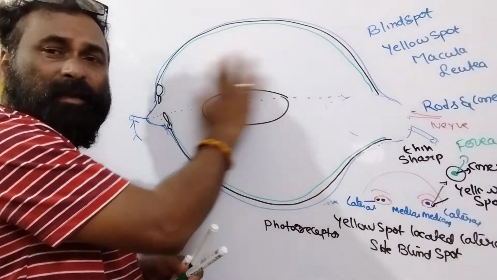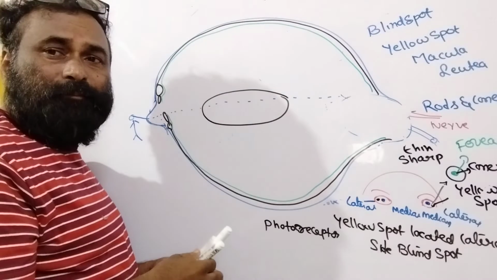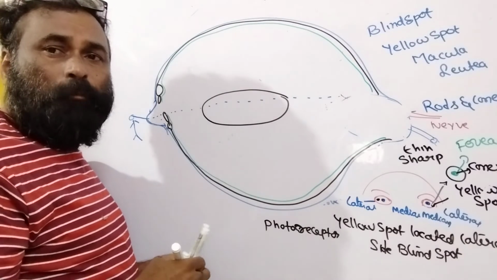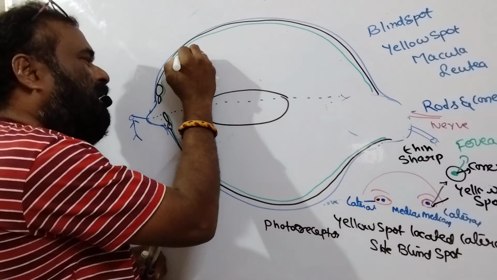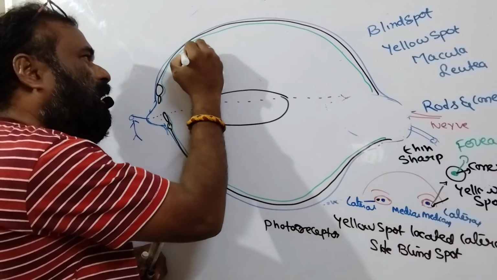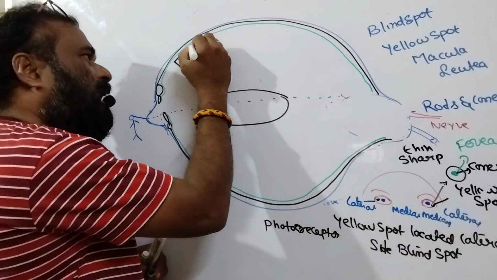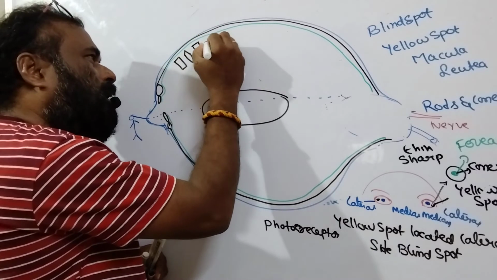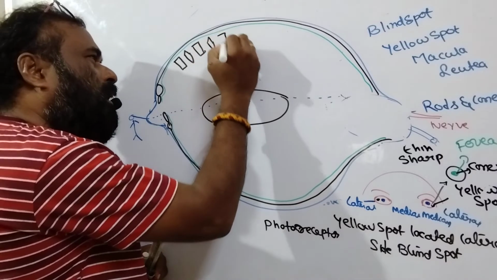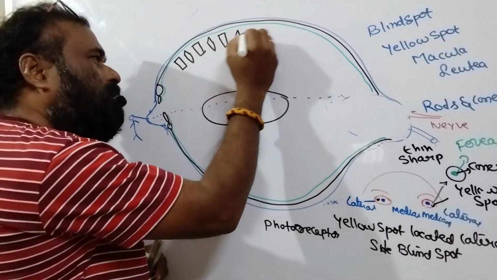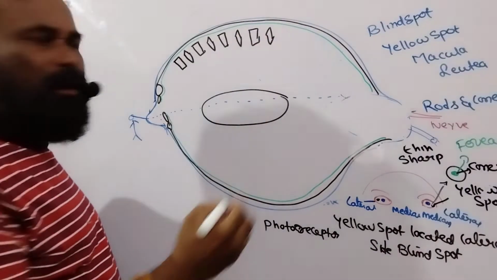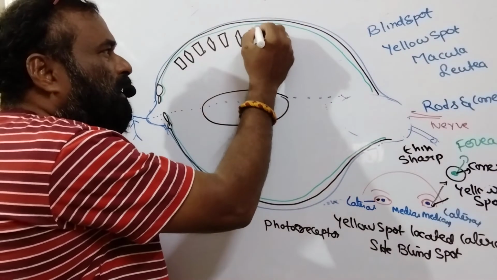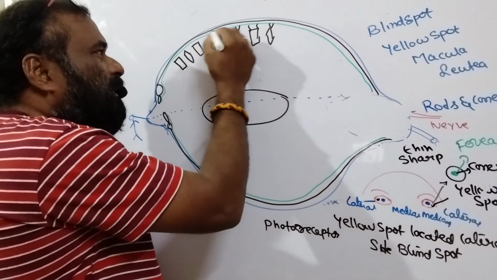Here there is the real retina. The first layer is the photoreceptor layer. Photoreceptor layers have rods and cones, which are uniformly distributed in this area.